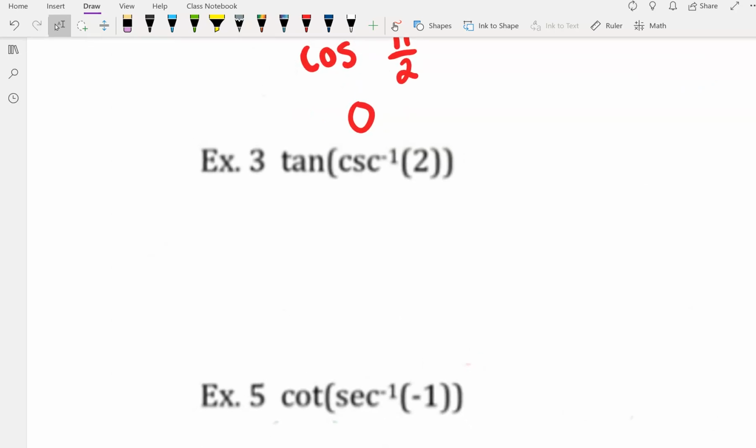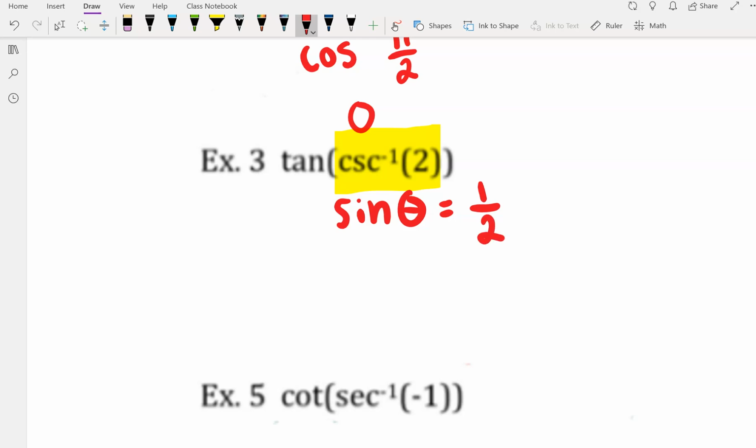All right, now we'll start with the inside. I don't love dealing with cosecant, so I'm going to change this to a sine of some angle. But if I'm changing cosecant to a sine, I have to do the reciprocal, since cosecant is the reciprocal of sine. So instead of 2, it's going to be 1/2, the reciprocal of 2.